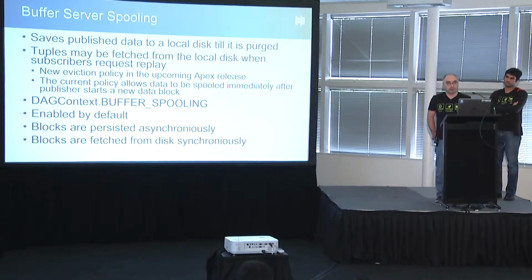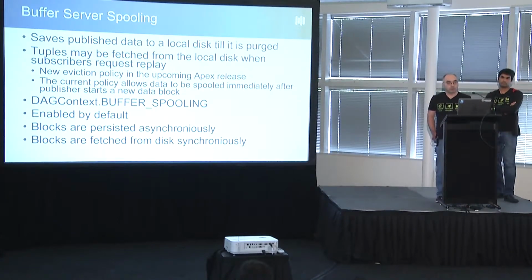That helps significantly with implementing backpressure. In the old policy, it was possible that the buffer server may randomly select a victim for spooling to disk, or evict a block from memory.